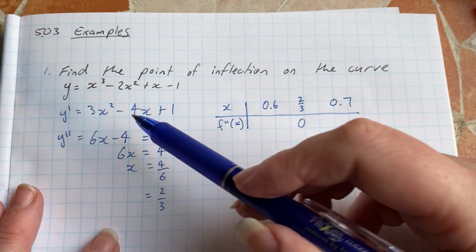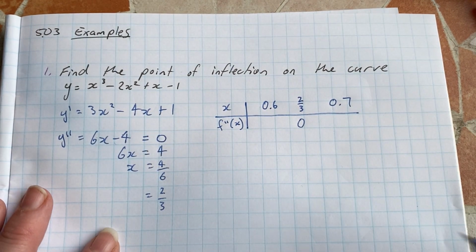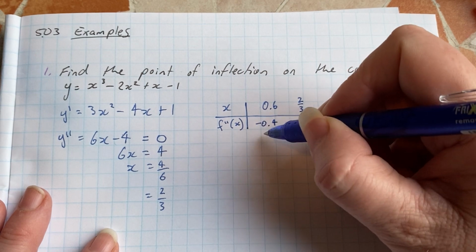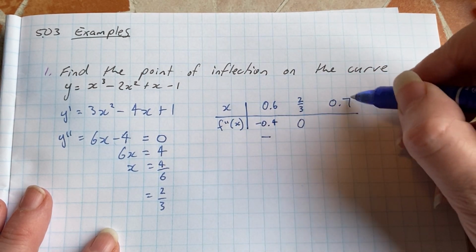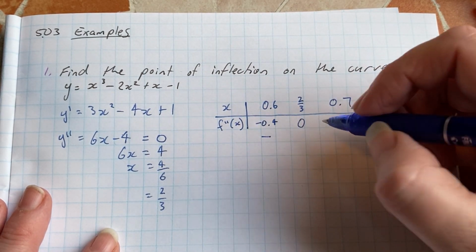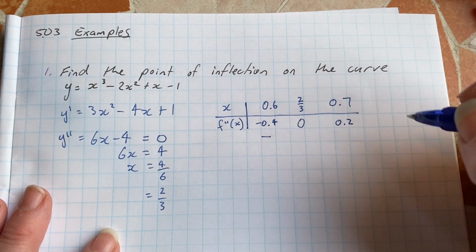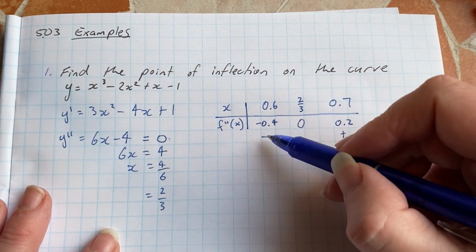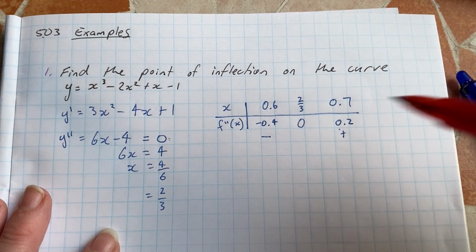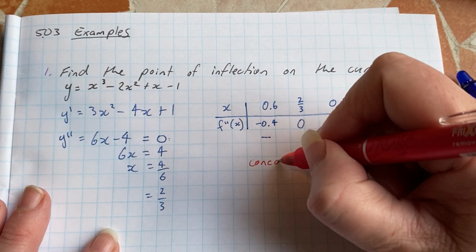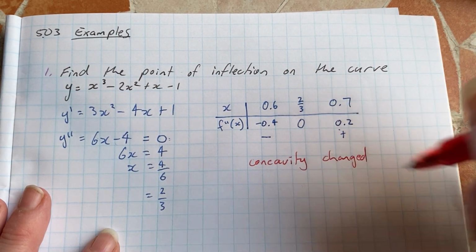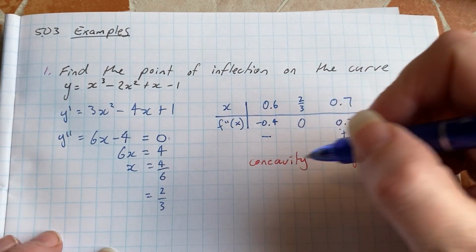If I substitute 0.6 back into here, I get negative 0.4. The important thing is that it's negative. If I put 0.7 back into there, I get 0.2 into the second derivative. And that's positive. So we can see here, concavity has changed. Concavity changed. So that means it is a point of inflection.